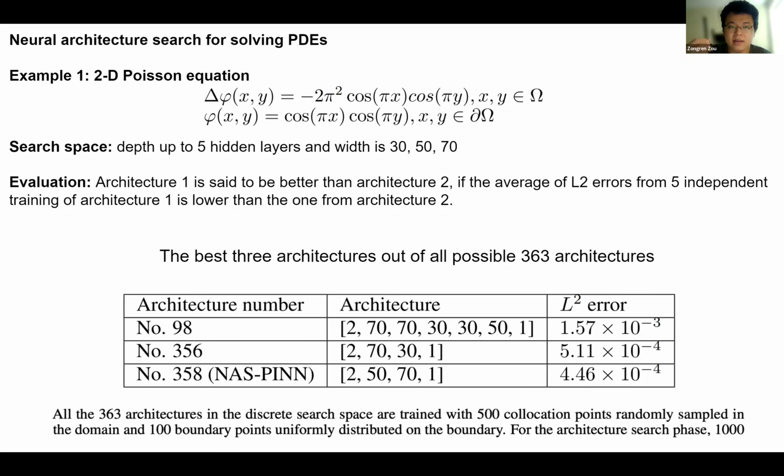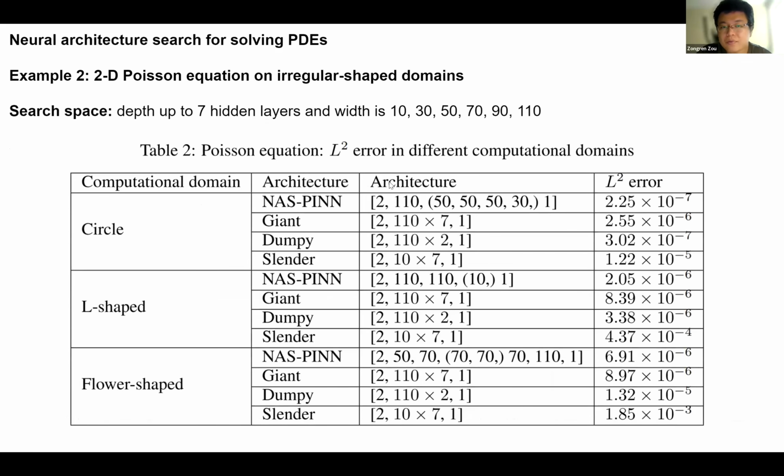So if the NAS method is able to reach the level of the results of grid search, then it could be considered a method that works. For this one, because the size of the search space is really large, they didn't test all the possible architectures. They just chose 3 to be compared.